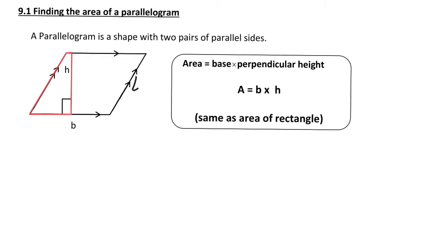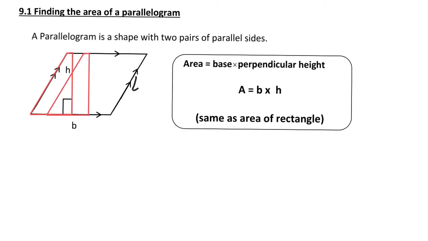So what I've done is I have drawn in red over this shape, and what we've got is a small trapezium. And to prove that the area of this parallelogram is the same as the area of the rectangle, what we need to do is drag this red area to the right-hand side of this parallelogram. So I'm going to drag this trapezium shape over to the right-hand side of the parallelogram.